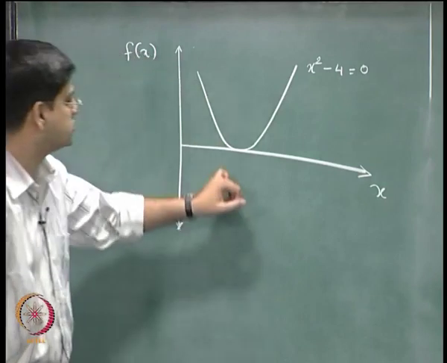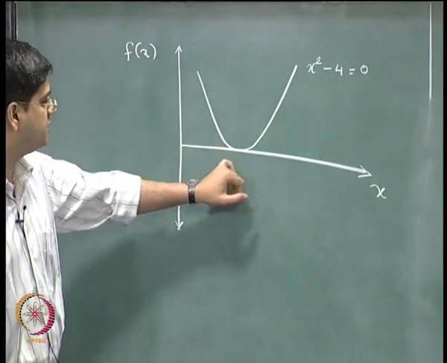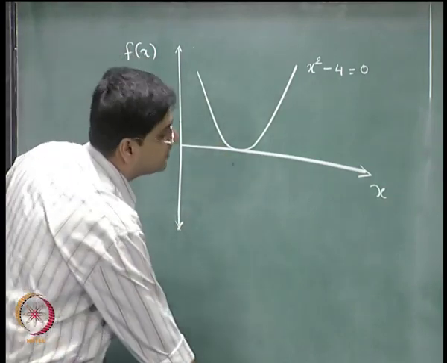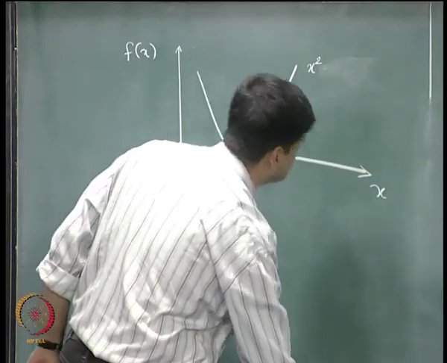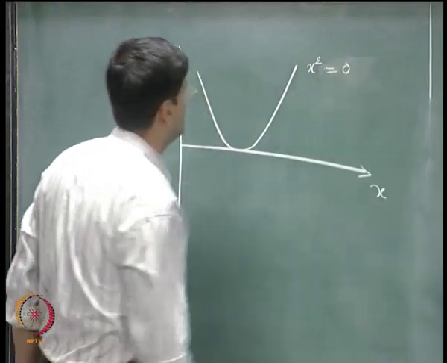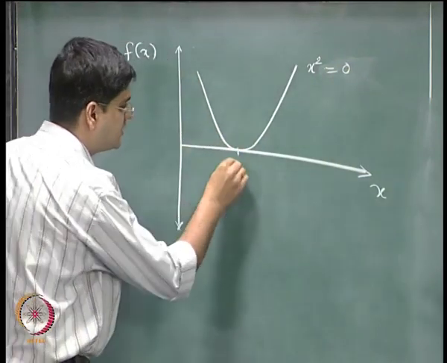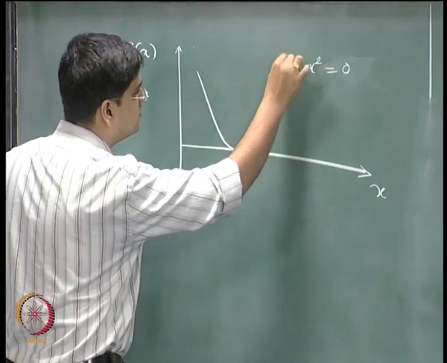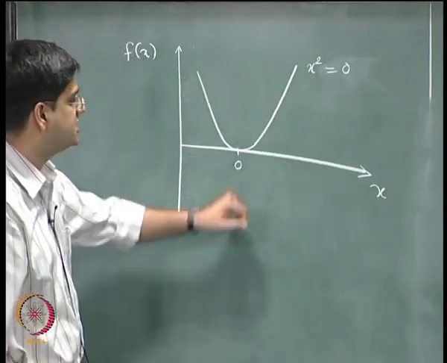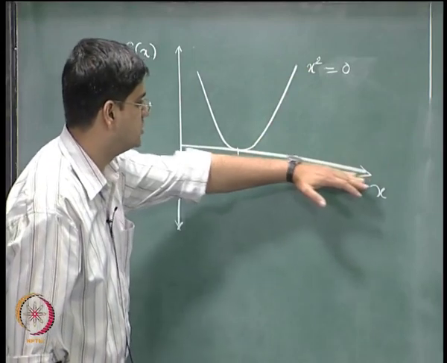Actually, this won't be. So let's just look at the case where x square equal to 0 rather than x square minus 4 equal to 0, and this curve is going to be essentially tangential to this particular axis.